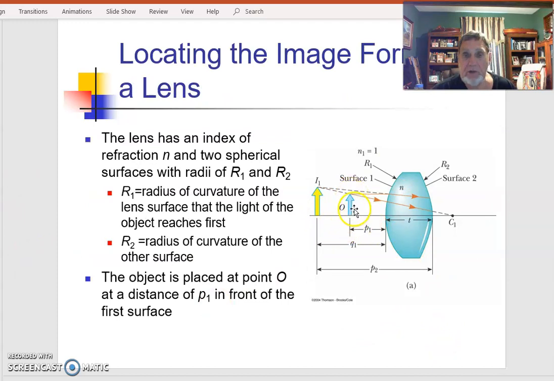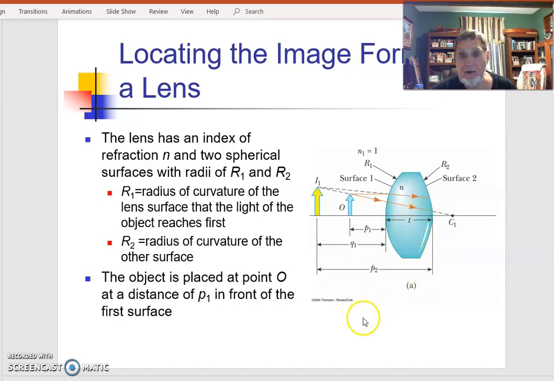So we have the first object, and the rays are refracted. We've got N1 as air. That's going to form an image. That image becomes the object for the second surface, which is refracted, and that'll make us a final image. Again, the details on that are quite long, so I didn't put them in the slides, but they are in the textbook if you want to read through that.